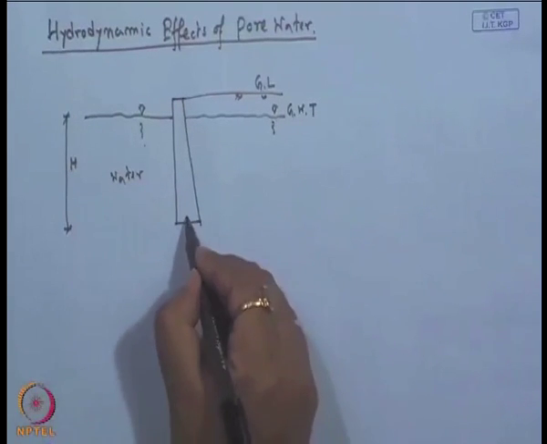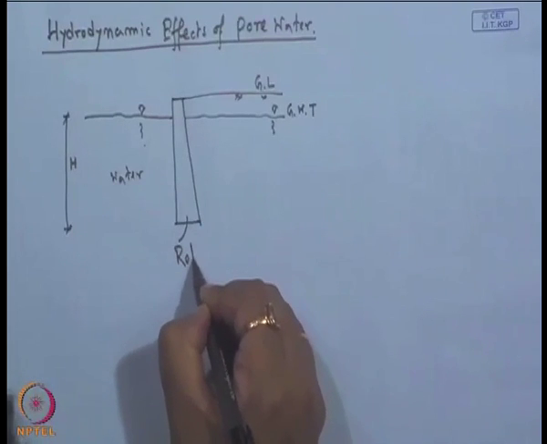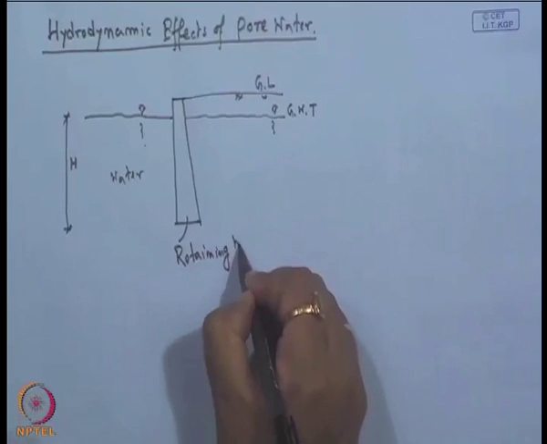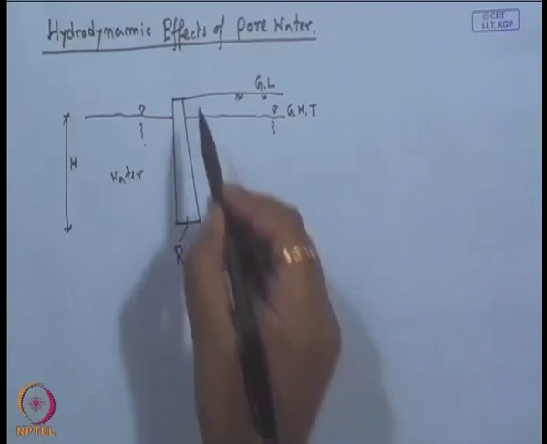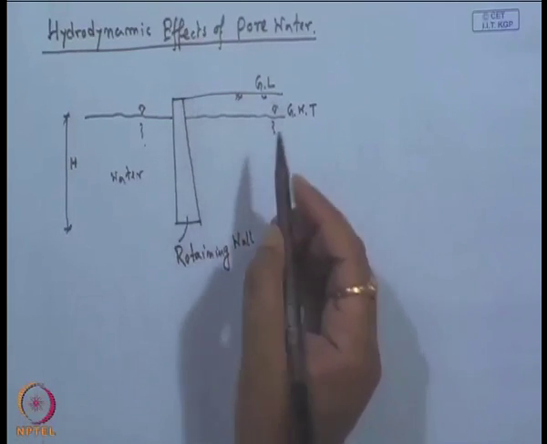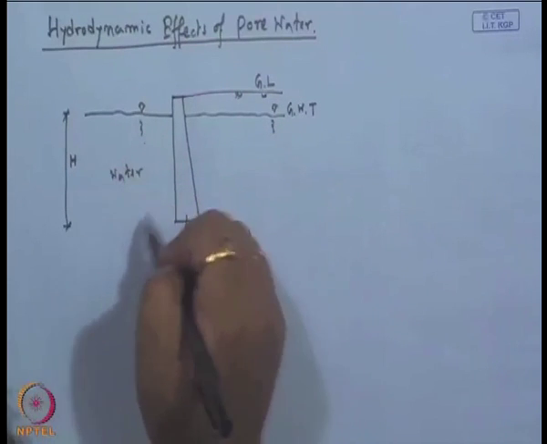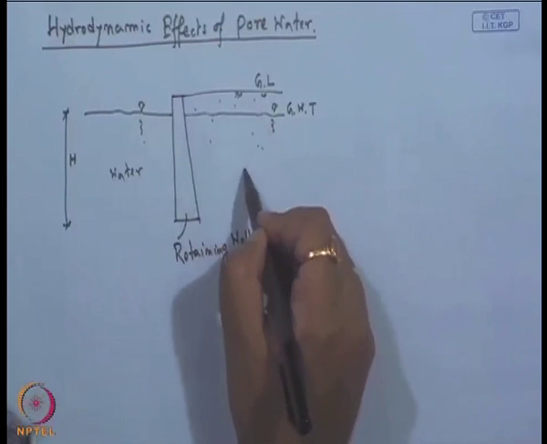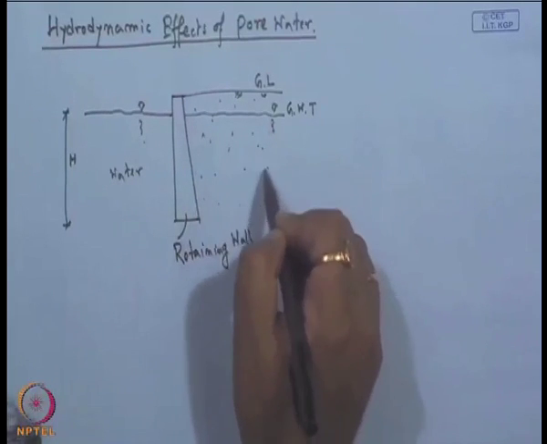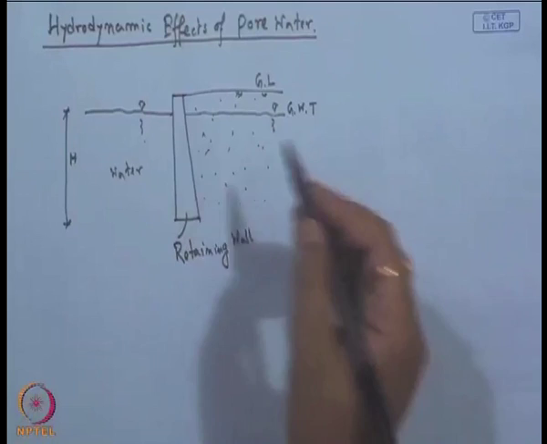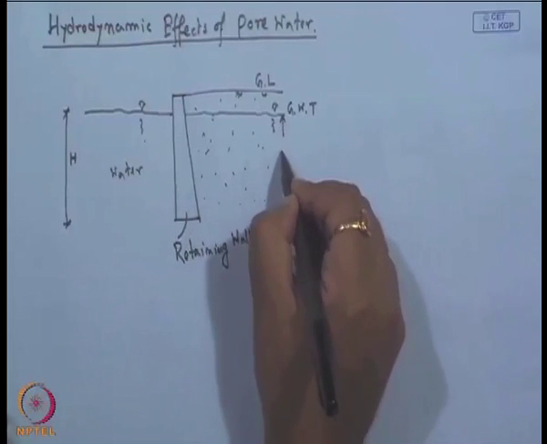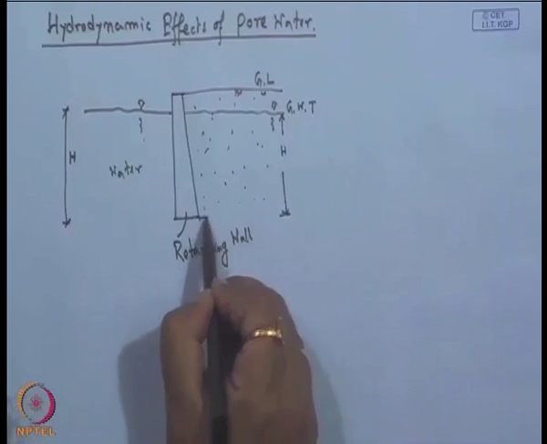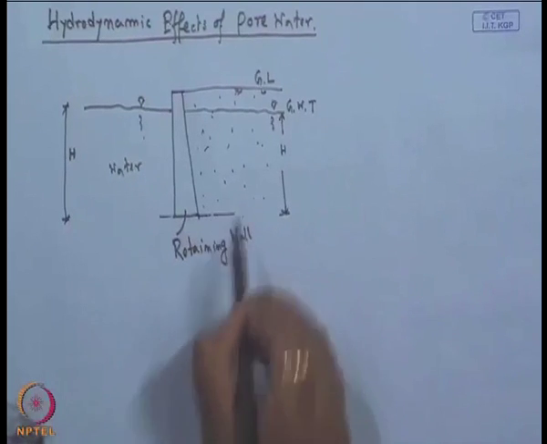So, this is the retaining wall, this side is free water, and this side is soil, and inside the soil pore water is present, and the water surface is again here, its height is h from the base of the retaining wall.